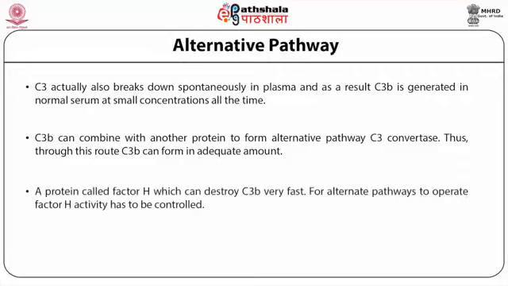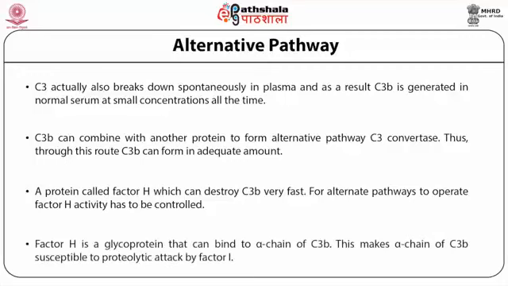There is a protein called factor H which can destroy C3b very fast. For the alternative pathway to operate, hence, factor H activity has to be controlled. Factor H is a glycoprotein that can bind to the alpha chain of C3b.